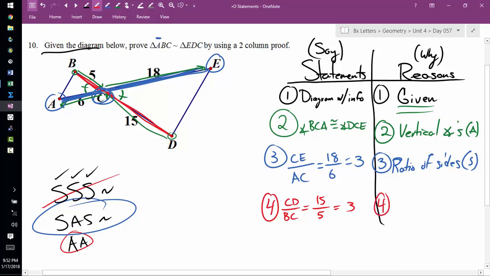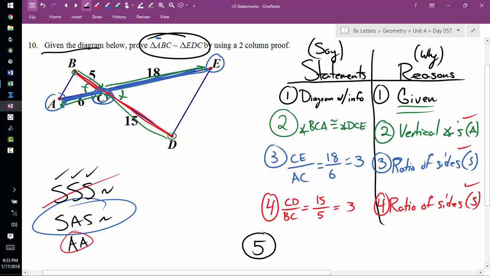So when I write up my reason, the reason why I'm doing that is ratio of sides, because these 1, 2, 3 facts are going to prove what they asked me to prove. It's going to prove that triangle ABC is similar to triangle EDC.